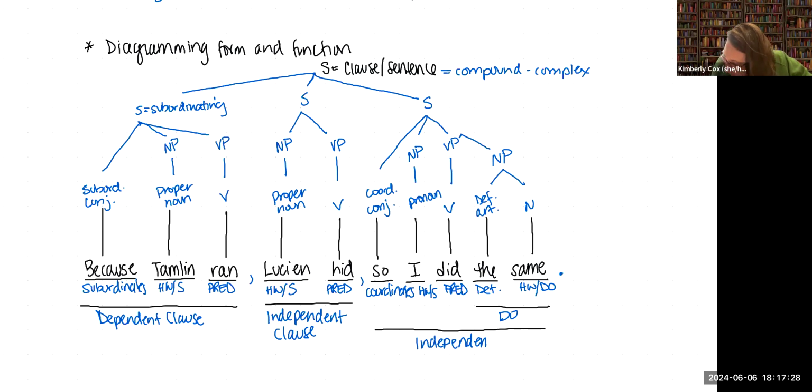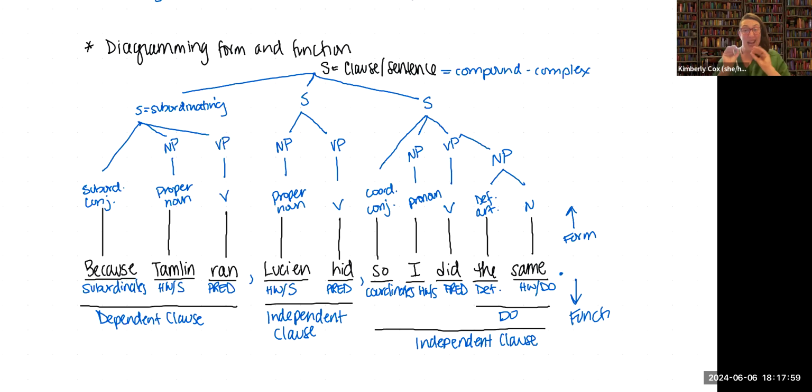Okay. So I know that this diagram looks a little bit different from the diagrams that you see in your book, but once again, I just want to remind you that we're using these form function trees as a way to help us understand and make sense of these sentences. So you're using these to help identify what you understand to be the form of the words versus what you understand to be the function of the words.